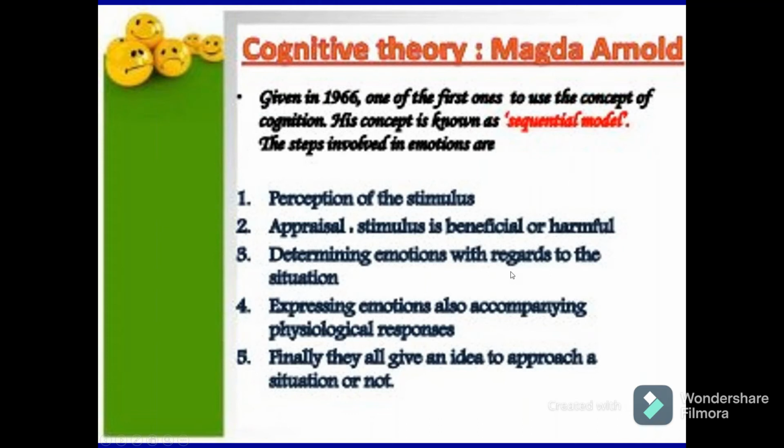So the various steps involved in the genesis of emotion are perception of the stimulus, then appraisal, whether the stimulus is beneficial or harmful, determining emotions with regard to the situation, then expressing emotions, also accompanying physiological responses, and finally, they all give an idea to approach a situation or not.